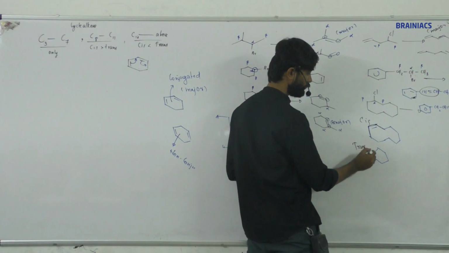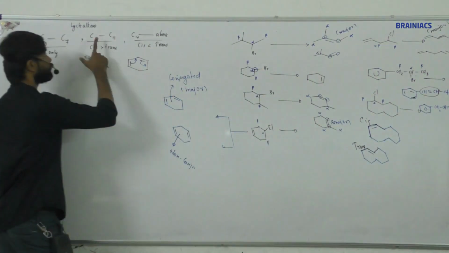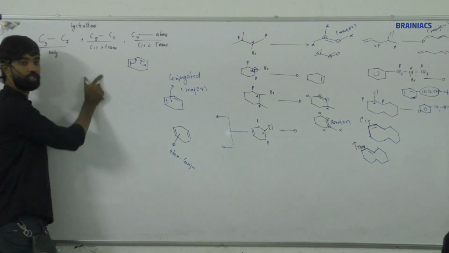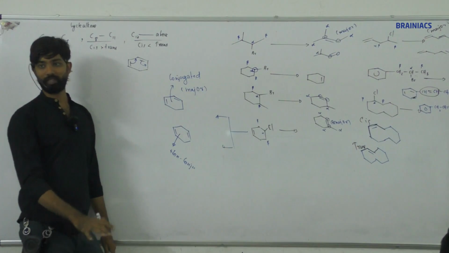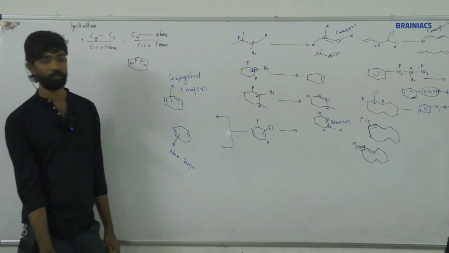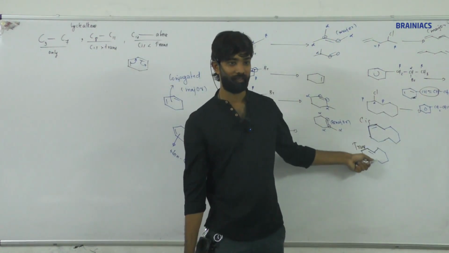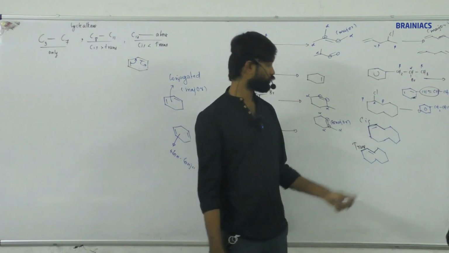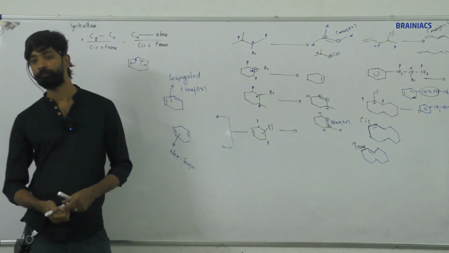Cis configuration, trans configuration. From 8 to 11, cis is more stable than trans. From 12 and above, it is experimentally found that trans is more stable than cis. So this, of carbon 10, right? So cis is more stable than trans.